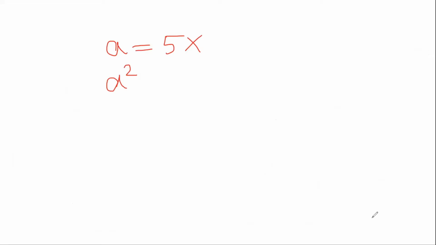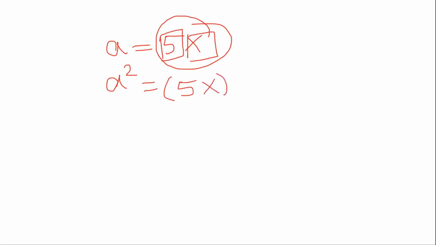If I'm squaring A, I should be squaring whatever it is equivalent to that I just said. So I should be squaring this entire term. I can't just square x, or I can't just square 5. I have to square everything that I just set equal to A. So I have to square this entire thing, right?